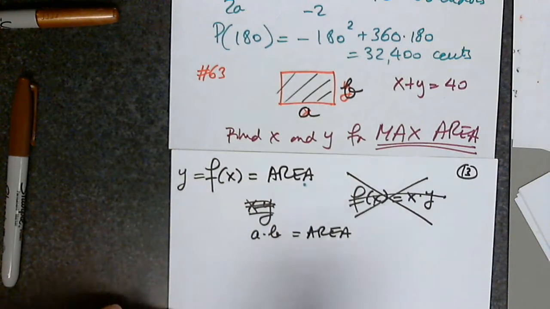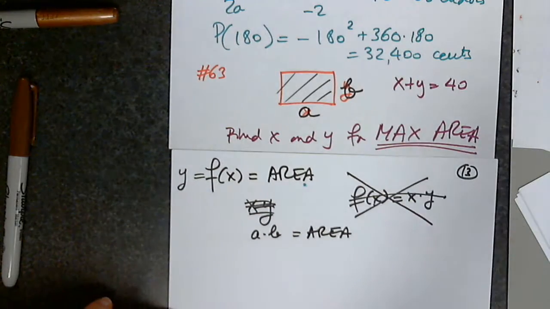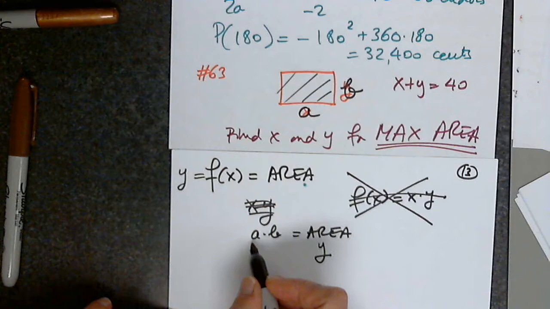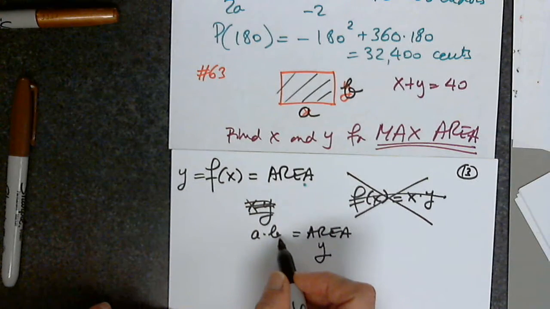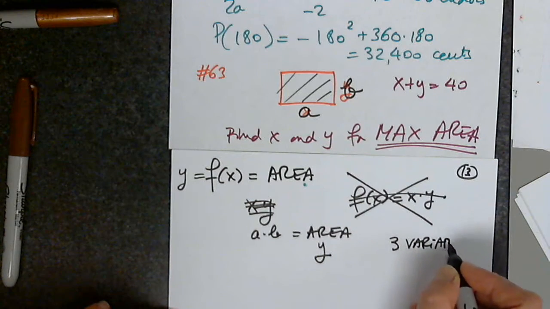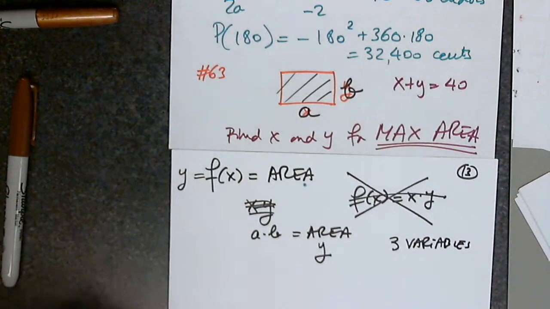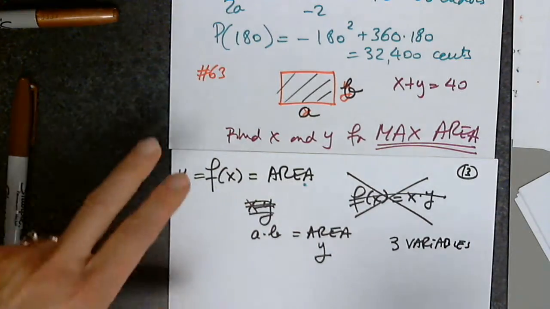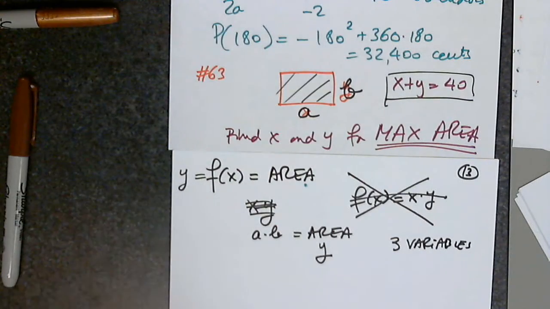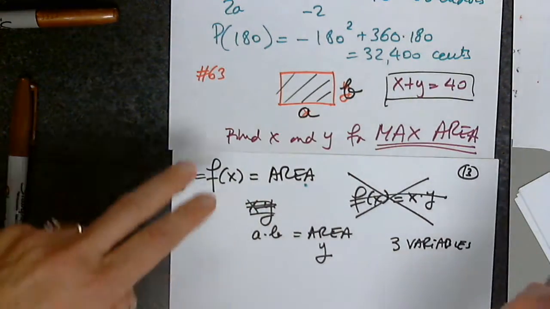I want to get rid of one of the variables because, as you said perfectly, Matt, this is y, one variable. This is the second variable, which is a, and this is the third variable, which is b. I don't know how to handle 3 variables in a function. Not till Calc 3. But I have to use what I'm given. I'm given a relationship between a and b.